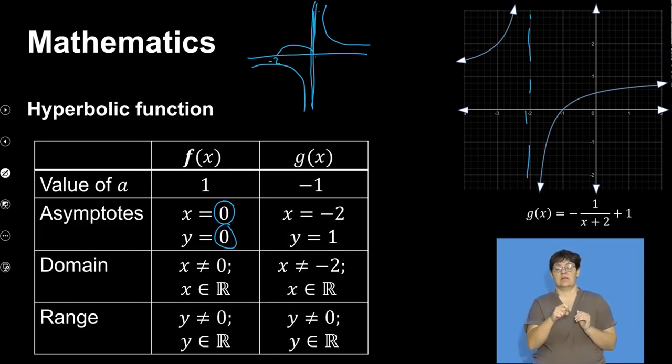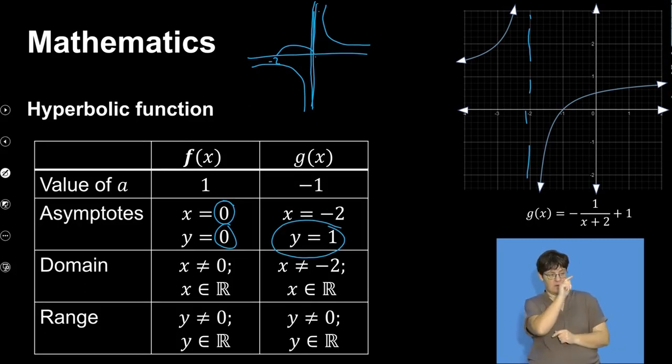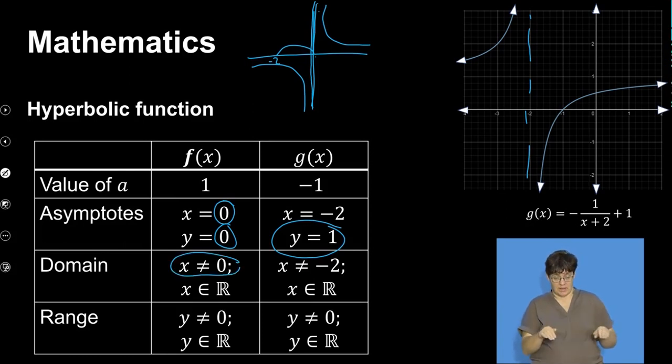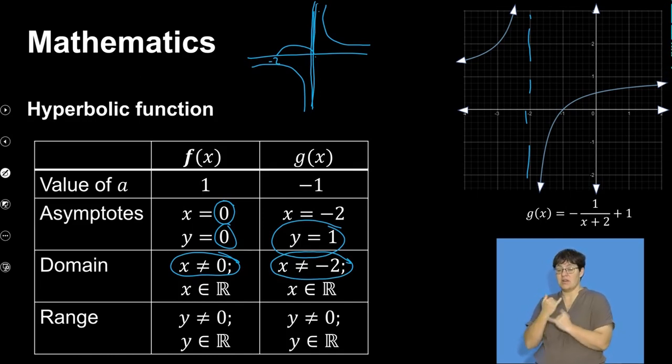And then the y asymptote was at y is equals to 0. This also shifted 1 unit up. It became y is equals to 1. Now, the domain quickly is x can never be 0, because it cannot cross the y-axis. But now, with the new function, it cannot cross minus 2.